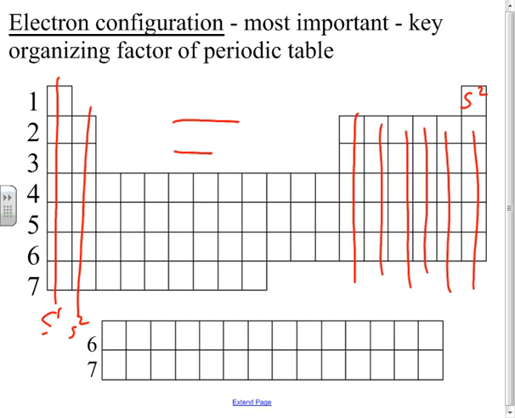Helium also ends in s2. And because all these things have the same outermost electron configuration in the same group, members of the same group are similar to each other. And so we can identify these different groups as the alkali metals in group 1, except for hydrogen, alkaline earth metals, and so on across the periodic table, but that's another story.